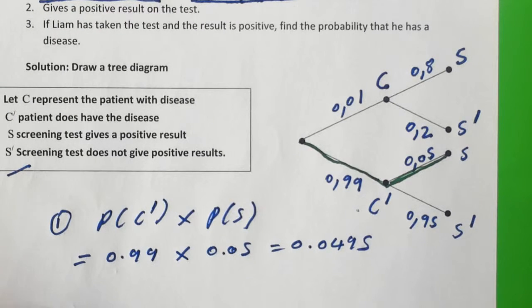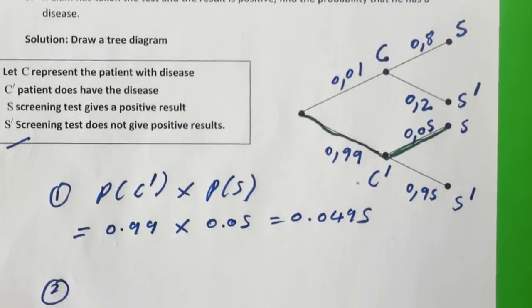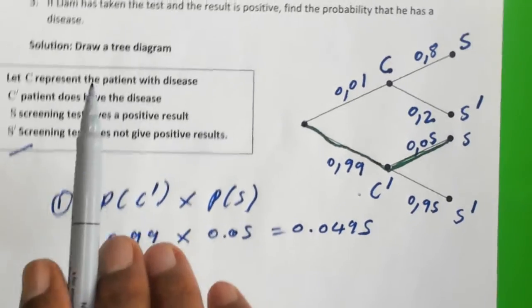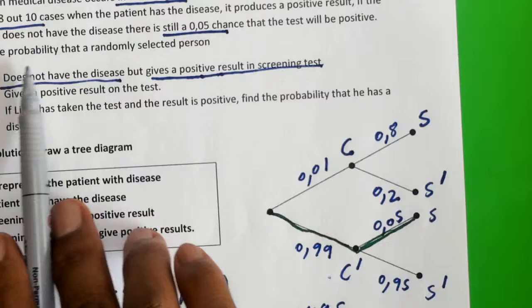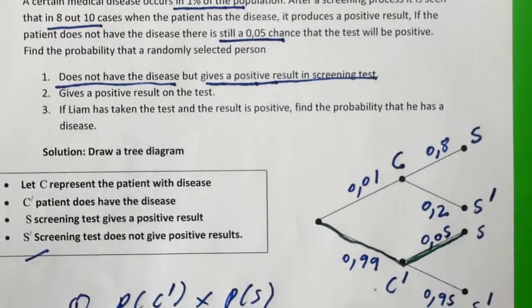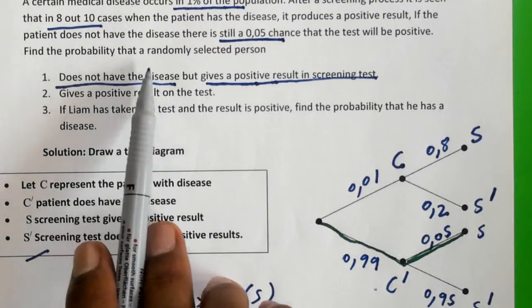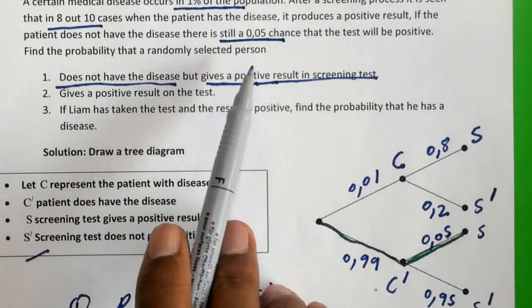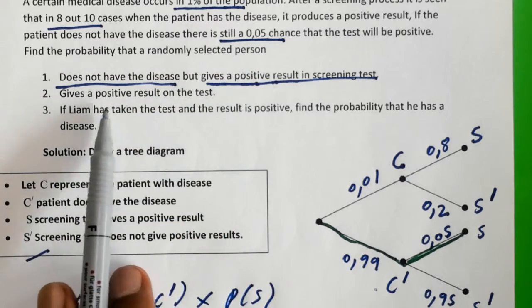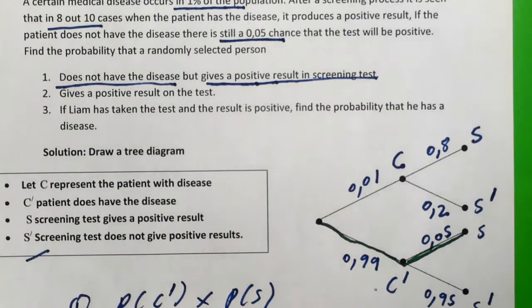Okay, second one. Now, we look at the second one. Find the probability that a randomly selected person gives a positive result on a test. What is the probability of a positive result on a test?